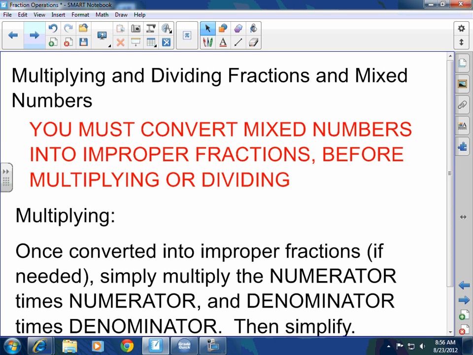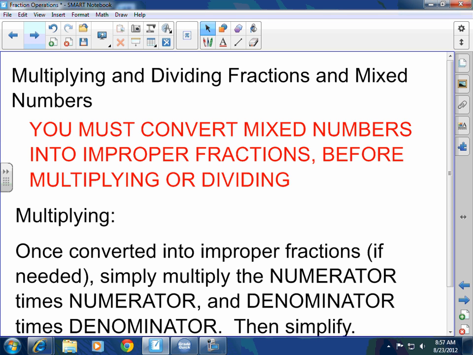First thing you can tell, I really want you to understand this because I put it in big, bold, red letters. You must convert mixed numbers into improper fractions before multiplying or dividing. You do not have to do that when adding or subtracting. You can, but that's going to be more of a mission for you in my opinion.